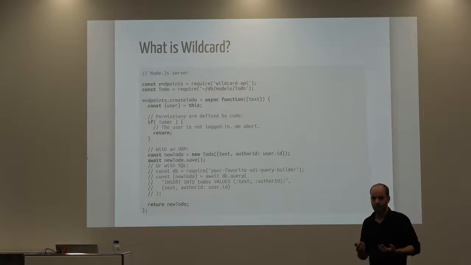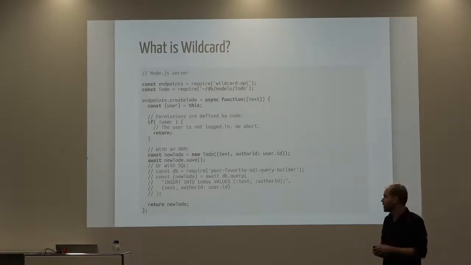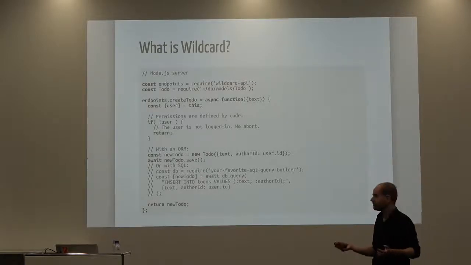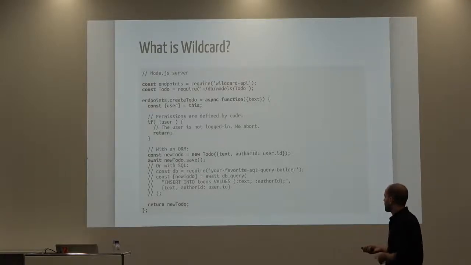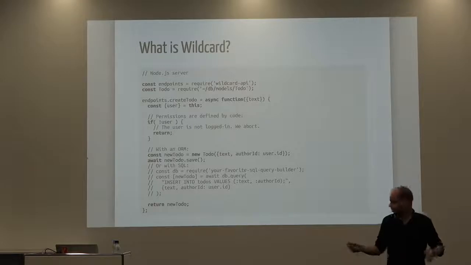This is how you do permissions with RPC. If something is going on that is not expected, then you abort your operation. In this case, we only want to create a to-do if the user is logged in. If the user is not logged in, we abort. So we don't run the SQL query.